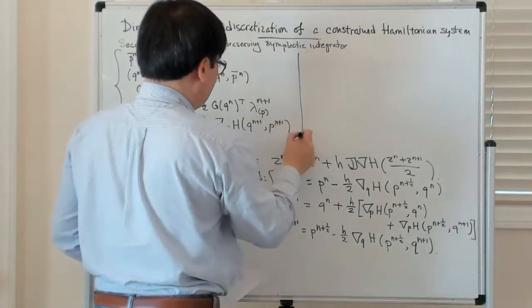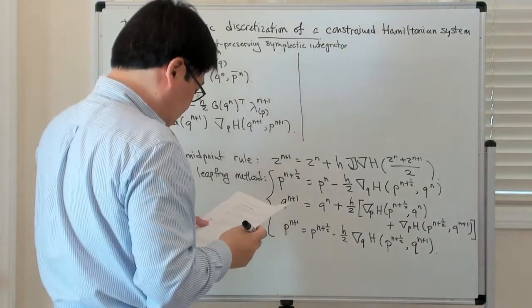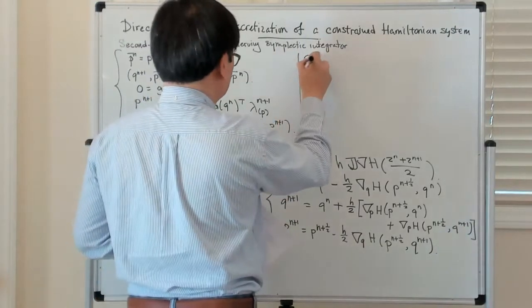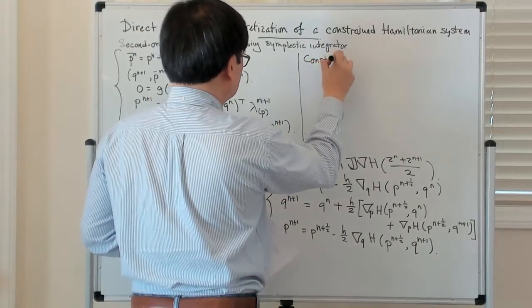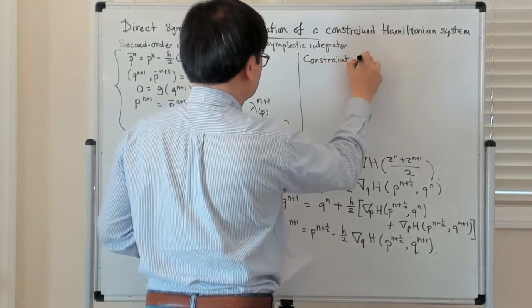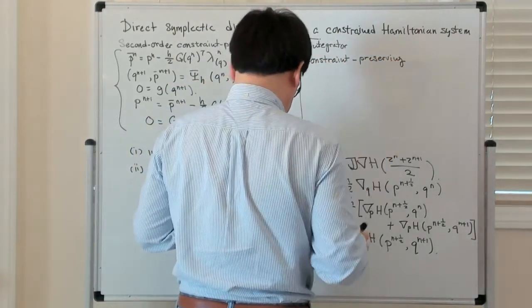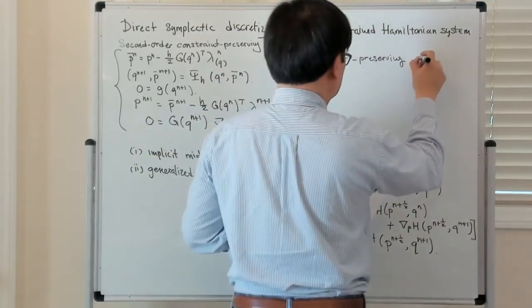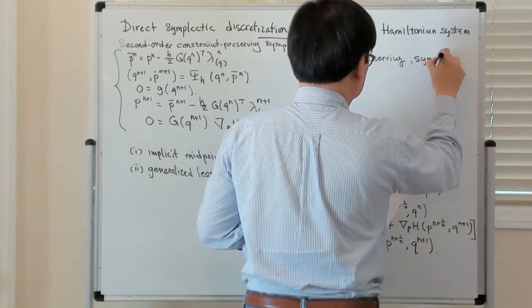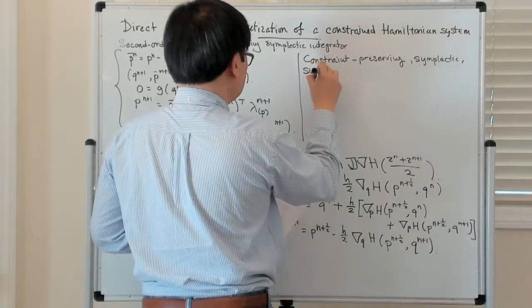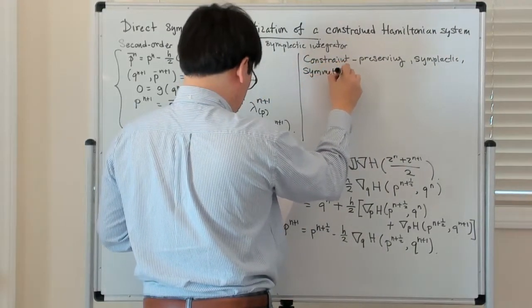So some observations are that this thing is constraint-preserving, symplectic, symmetric, and second order.